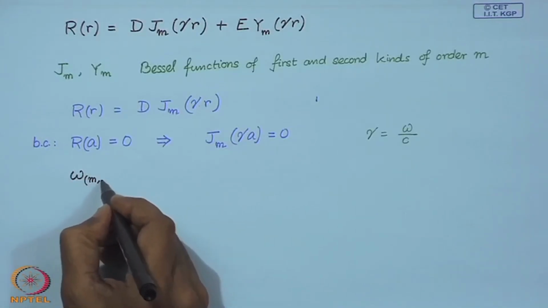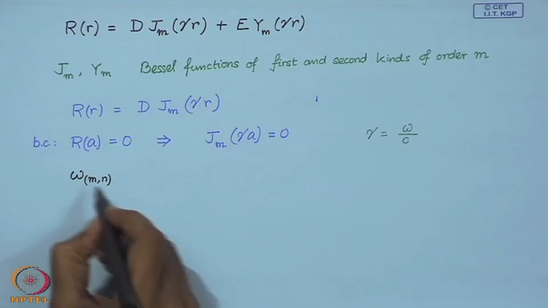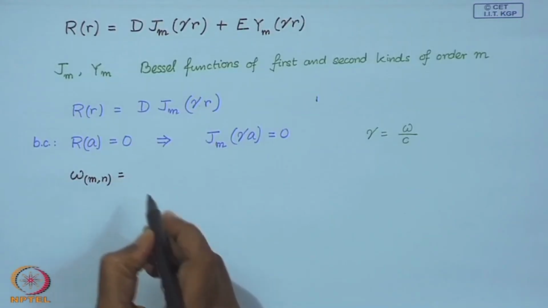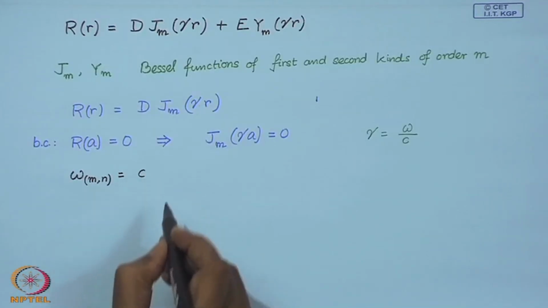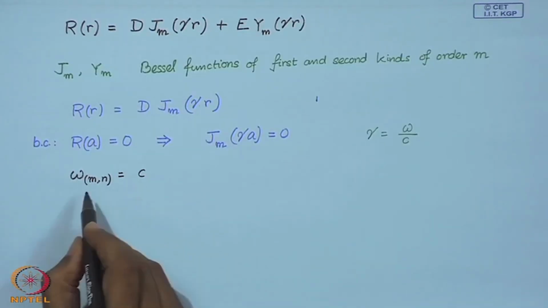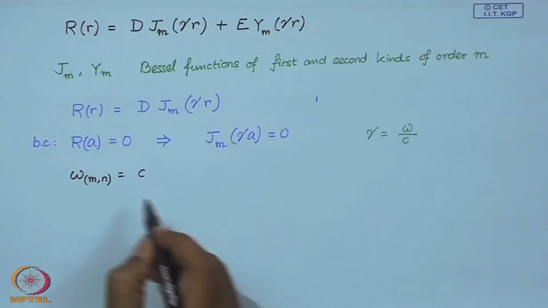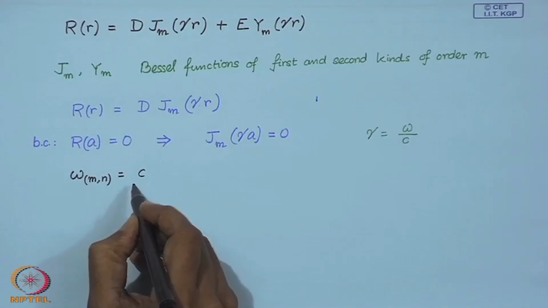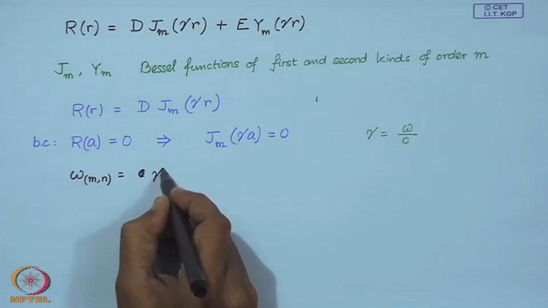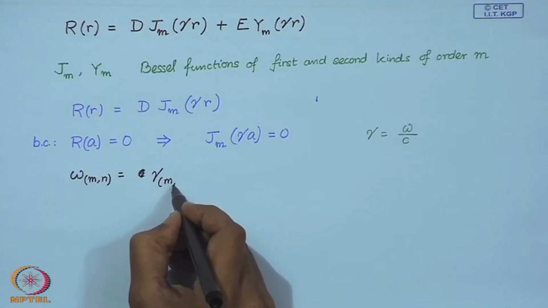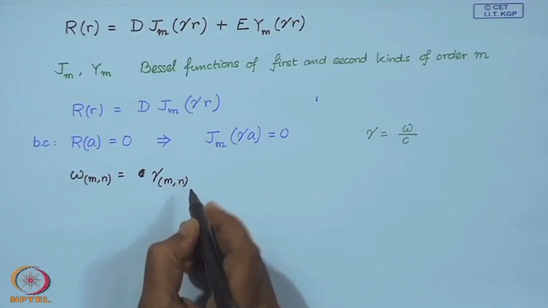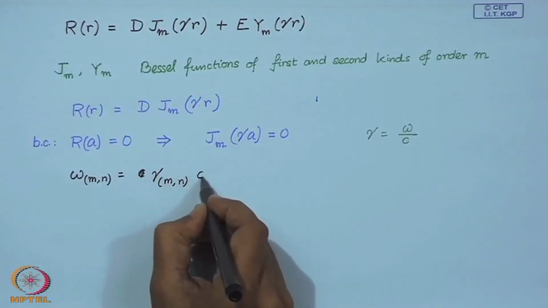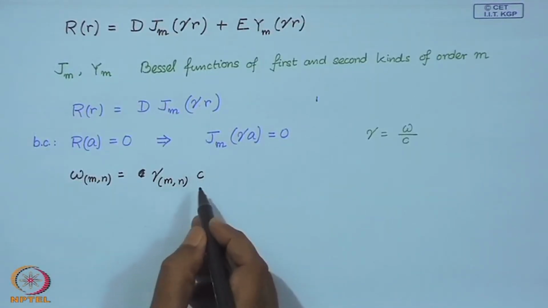Let me first write this in this form: omega mn is gamma mn times c.